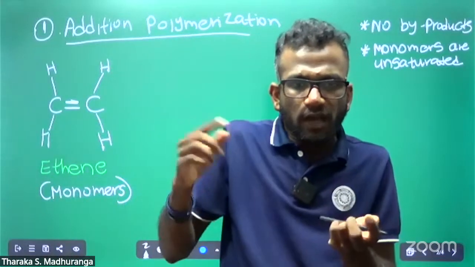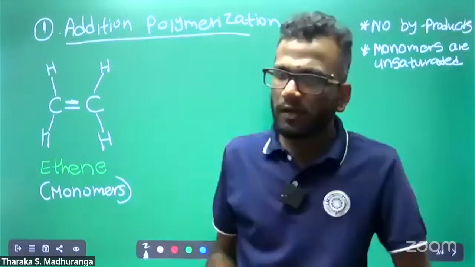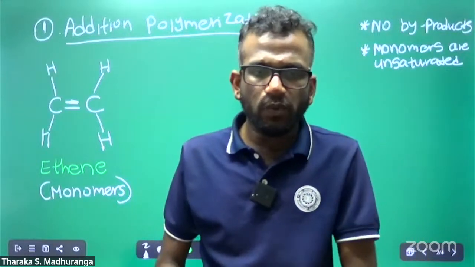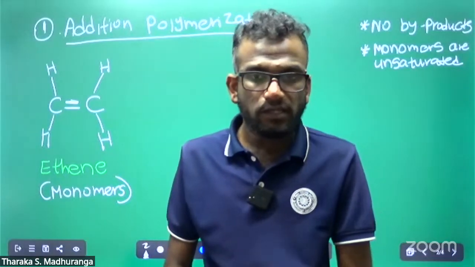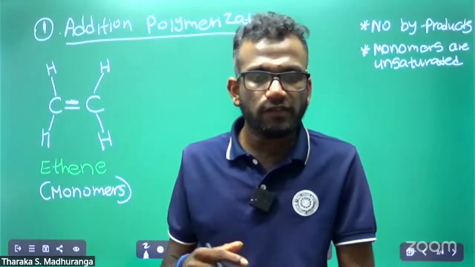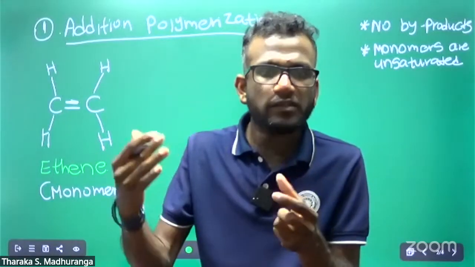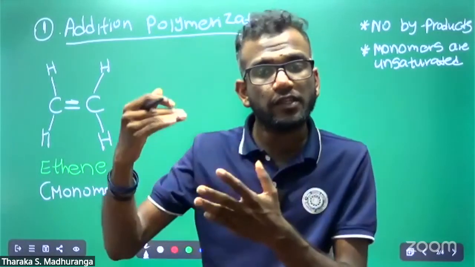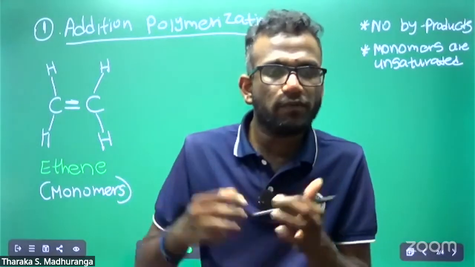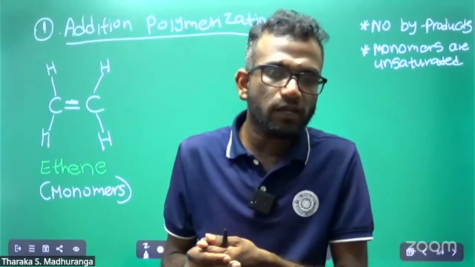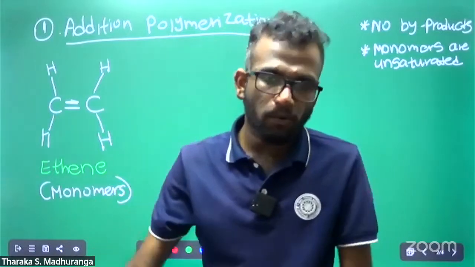Monomers unsaturated means that in the monomers, the carbon atoms don't have the maximum number of hydrogens. In the biomolecule lesson, you can remember unsaturated fatty acids: in the R carbon chain they don't have the maximum amount of hydrogen. The reason is that the R carbon chain has one or more double or triple bonds.